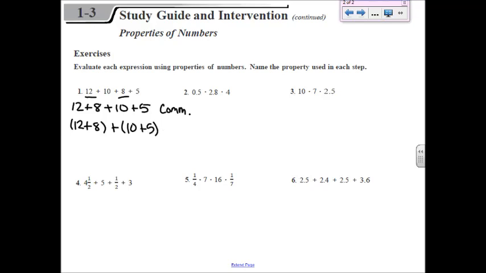And that says that the order that you add or multiply does not matter. Got to be careful when you're abbreviating the associative property. Make sure you put the OC at the end. Then we're actually going to do the things in parentheses. So 12 plus 8 is 20. 10 plus 5 is 15, and that's substitution.